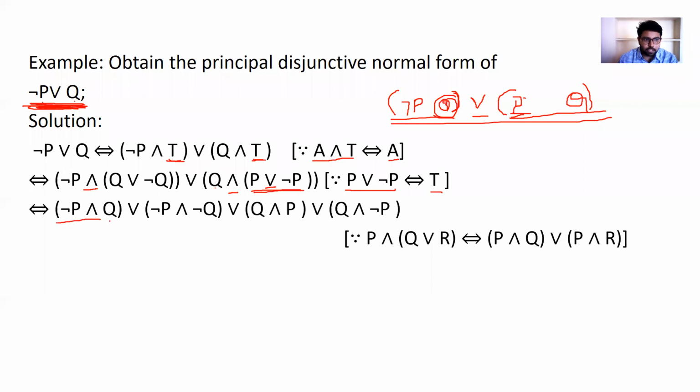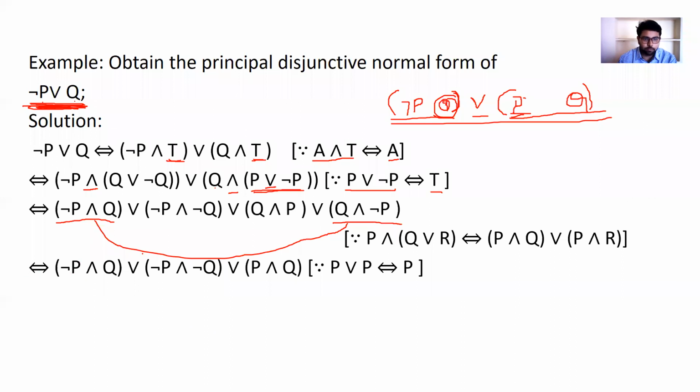See, these two are common, am I right? In the place of this, I'm going to write it only once. The others I'm going to write directly here. So see, I got the sum of product form. This is the final form.